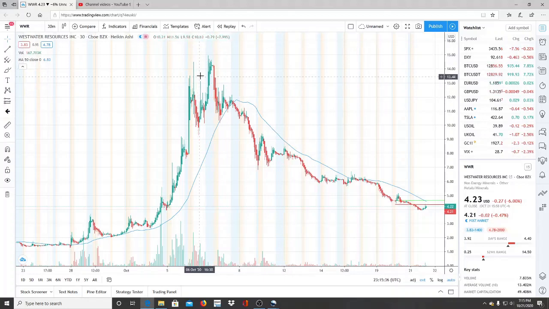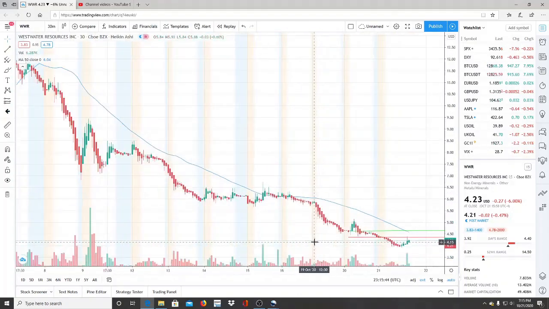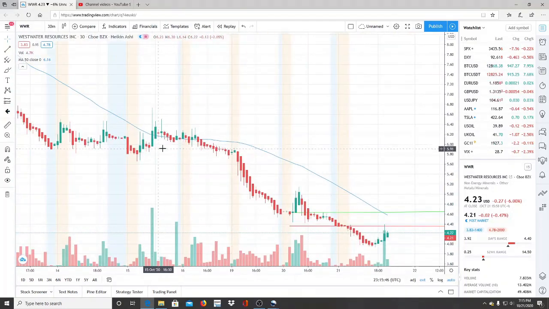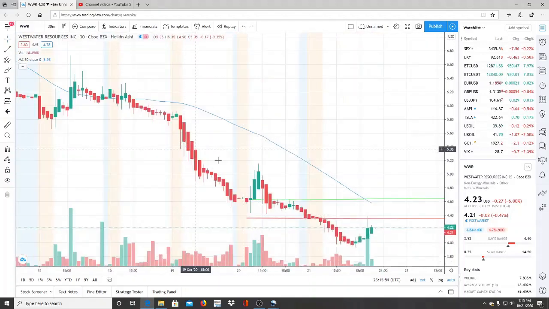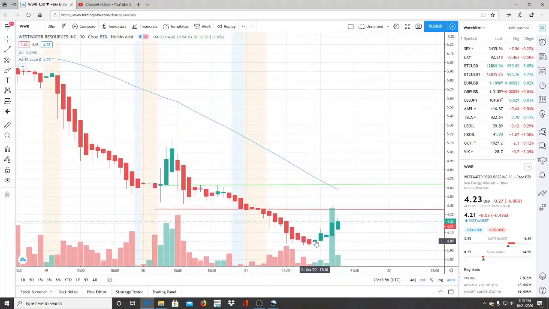There was a rejection, and since October 7th, when it fell below the 50-day moving average, it's been falling to newer lows, and it broke through the 50-day moving average only once in the last week, way back on the 15th. Now, we've been in a bearish run, and it hit new lows today, but from those lows, it has bounced back up, and it's currently at 422, creating some momentum here.